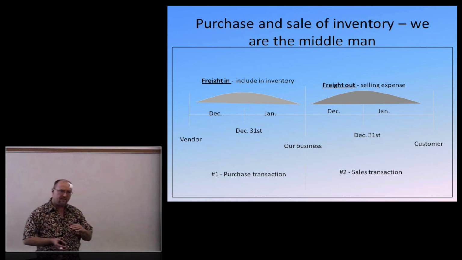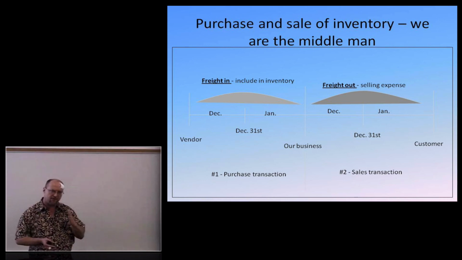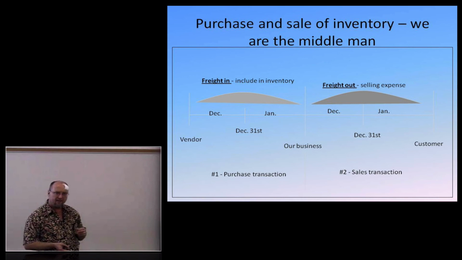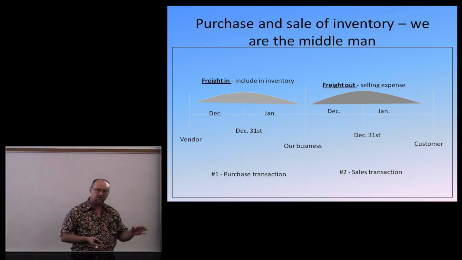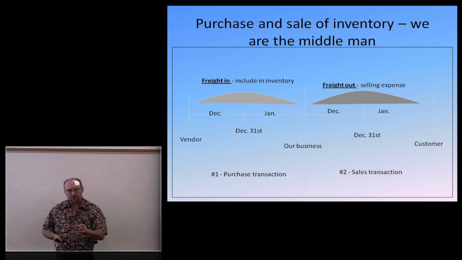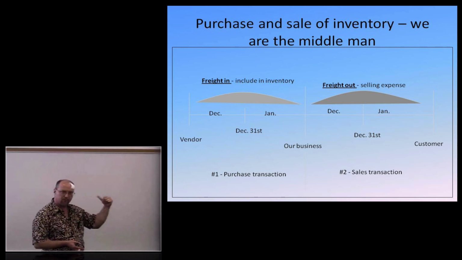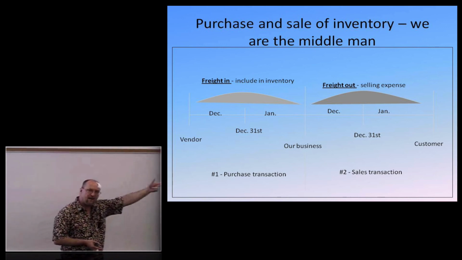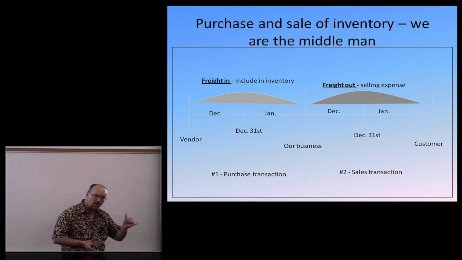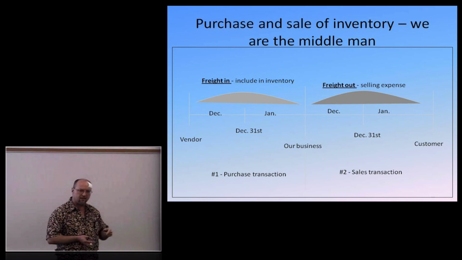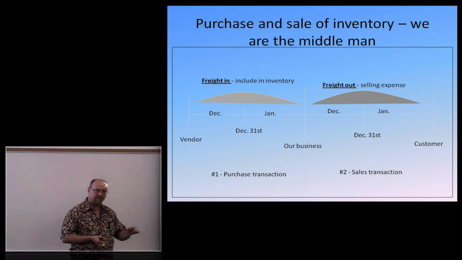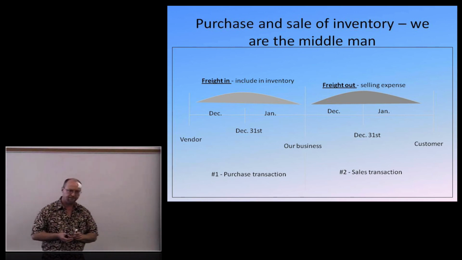If the boat is in transit, it's in between point A and B on December 31st, which is the end of our fiscal year in our example, then the question becomes, who owns the inventory that's on the boat? And what year, 2010 or the previous year in December, or the following year in January, which time period should the seller record revenue? These are the two issues.